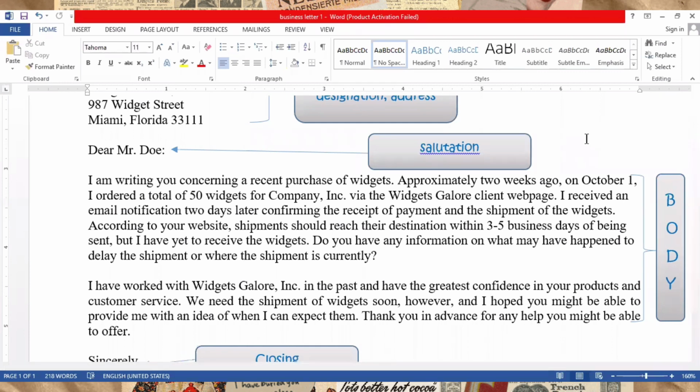The body of the letter is where you can find the purpose of it. So let's see how the sender of this letter presented his purpose of writing this letter, and let's see the opening statement. The opening statement of the letter is, I am writing you concerning a recent purchase of widgets. By that statement, you can immediately understand that this letter is about the purchase of widgets.